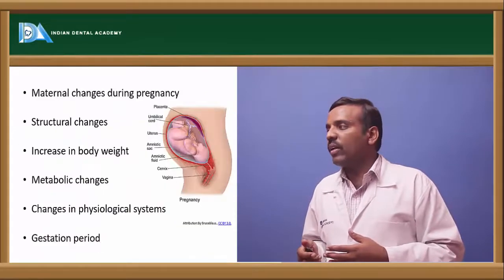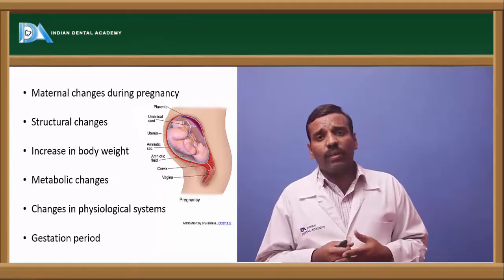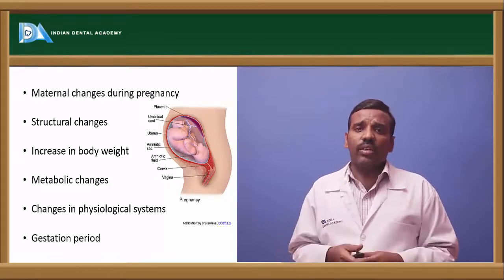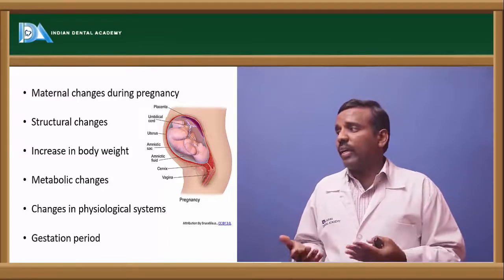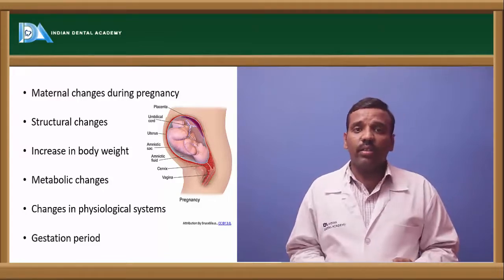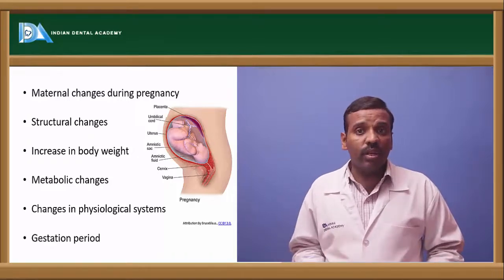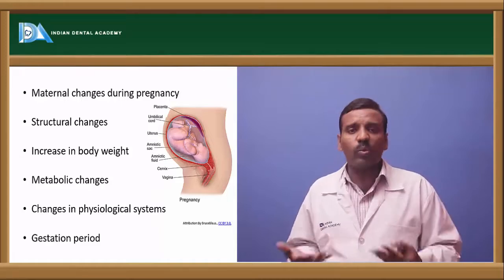Okay, and next one is the maternal changes during pregnancy. What happens during pregnancy? All the systems change and structural changes also occur. Body weight increases, obviously. Metabolic changes also occur: BMR is increased, BMI is increased, and body weight is increased due to all this.